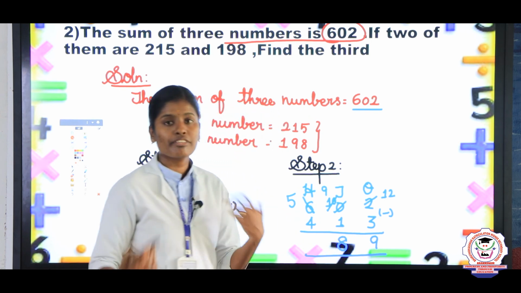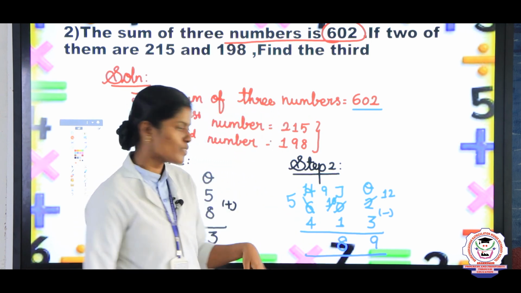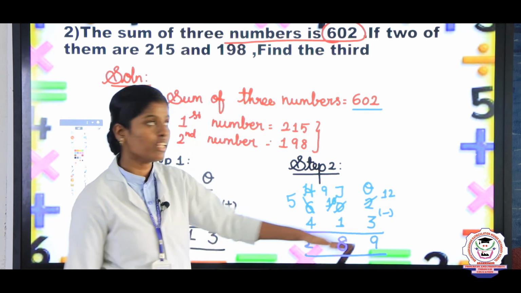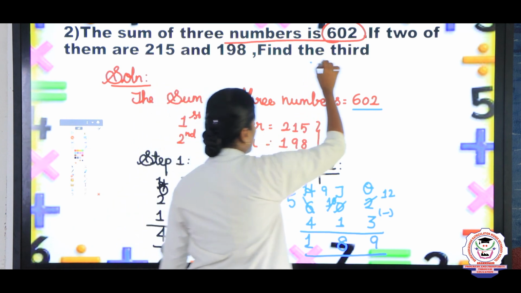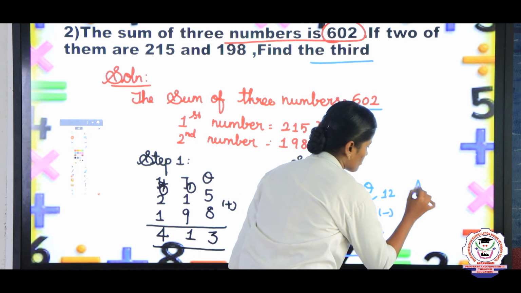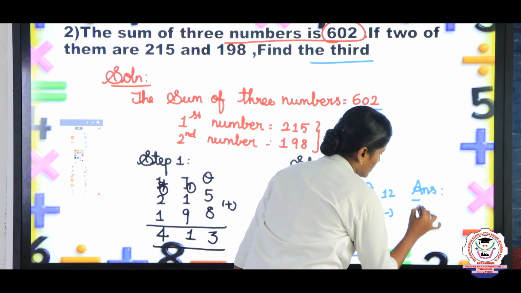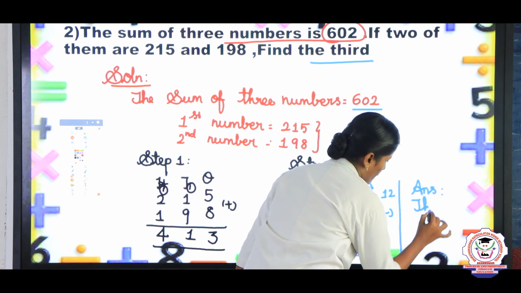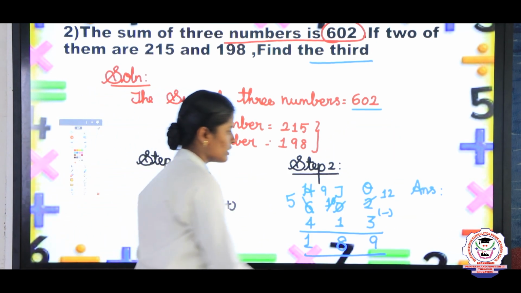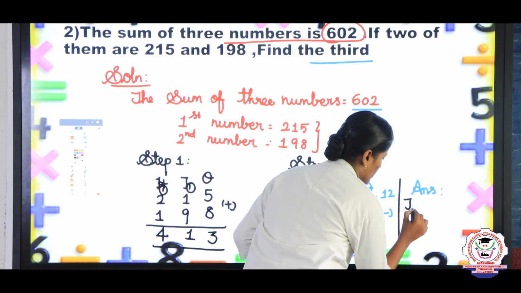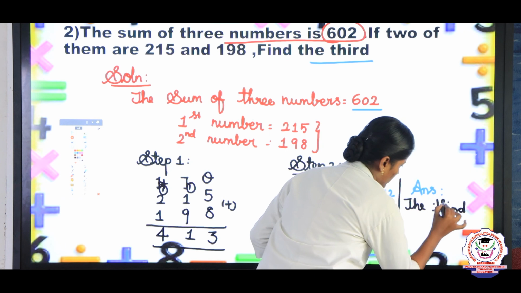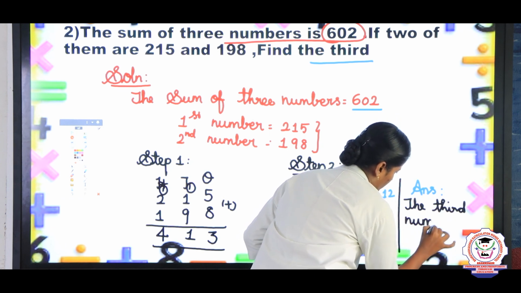Then what is the answer? 5 minus 4. So 5 minus 4, the answer is 1. So our final answer is 189. So our third number is 189. So write the answer: third number equal to 189.